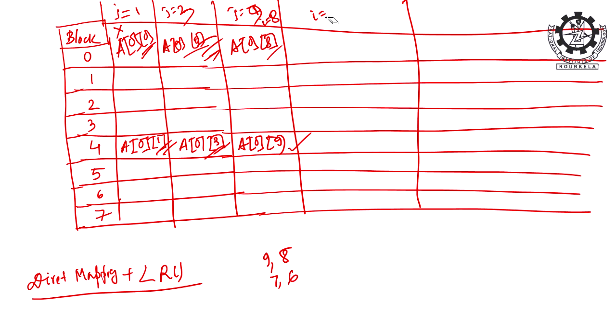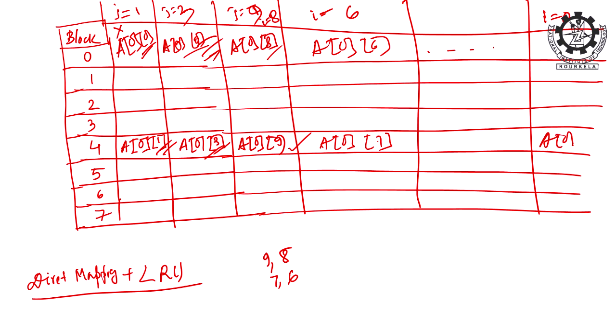So, after 6, this will be A06 and this will be A07. So, odd index will be in the 4th block and even index will be in block 0, because that is a difference of 4. So, that way if you continue, at the end you will get I equal to 0 and at that time you will have the content A01 and then you will have the content A00.